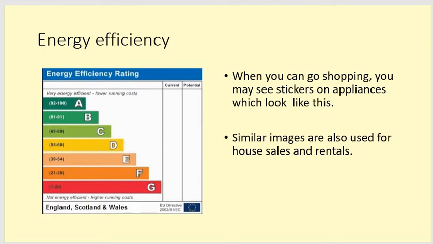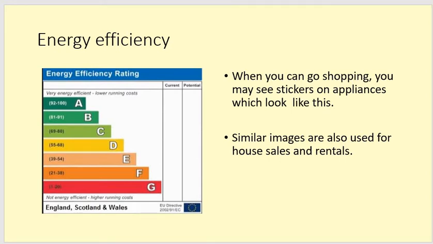Like so many things in the world, they go up a little rainbow, or there's no purple this time. You've got red at the bottom, letter G, not very efficient, all the way up to 90 to 100% efficient at the top. And obviously the higher up you get, and the earlier the letter is in the alphabet, the more efficient it is.